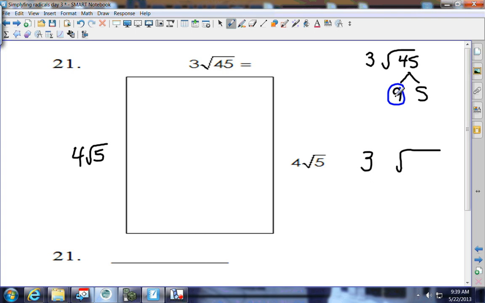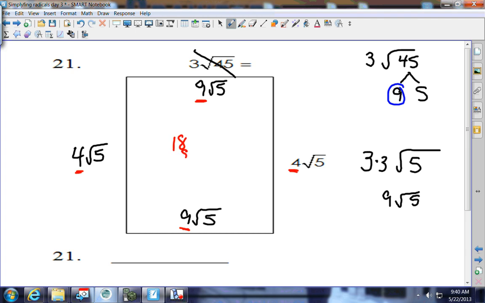What's the square root of 9? 3. So the 3 goes outside and the 5 is left inside. 3 times 3, 9 square root of 5. So instead of this, I'm going to write 9 square root of 5. And that means down here is 9 square root of 5. So now I have 9 plus 9 plus 4 plus 4. What is that? 18 and 8, 26. 26 square root of 5.